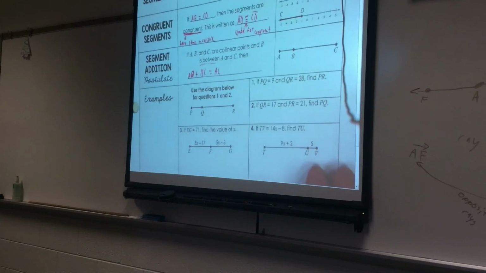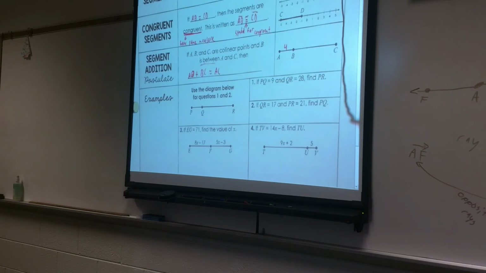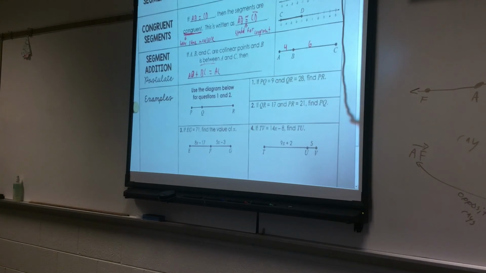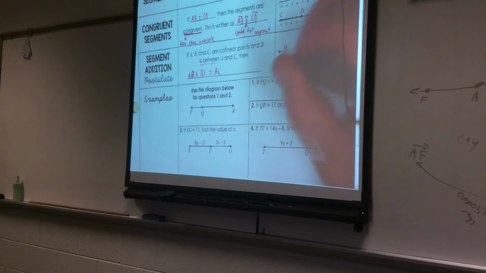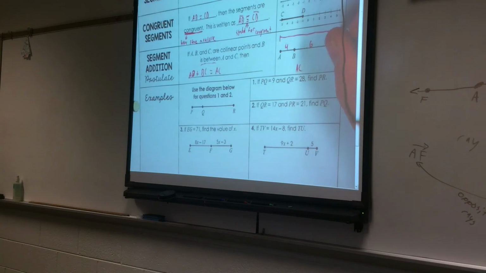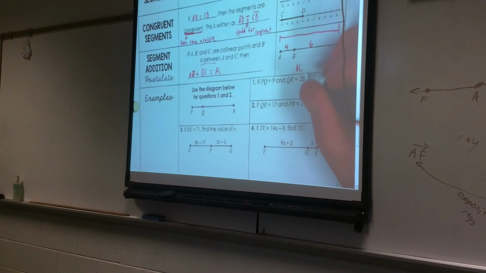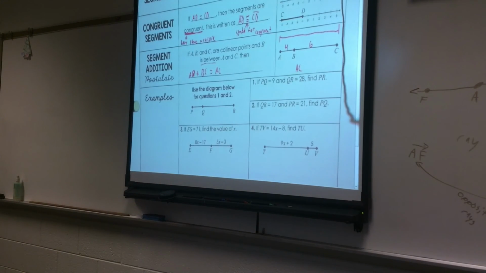So for example, let's say AB was 4, BC was 6, and it was wanting the total AC. Well, if I want from A to C, it's 10, right? 4 plus 6. But it's important that you always remember it's the small piece plus the other small piece equals the whole thing.